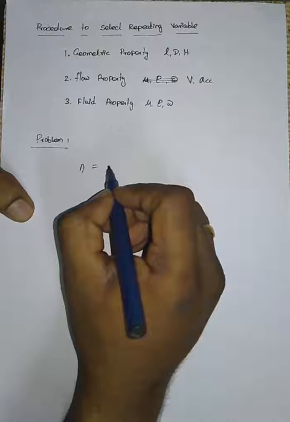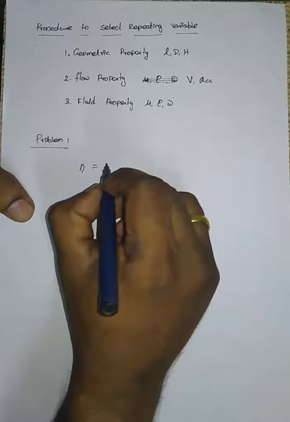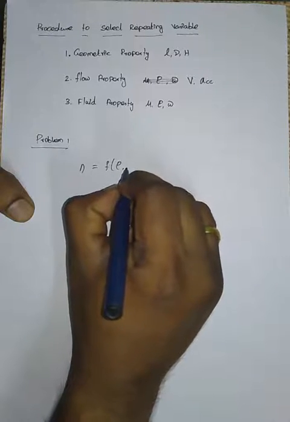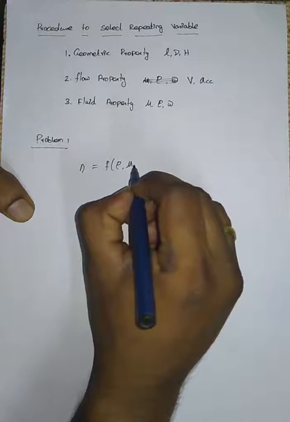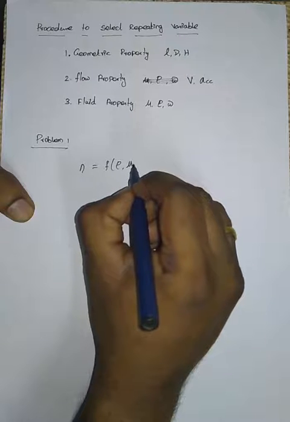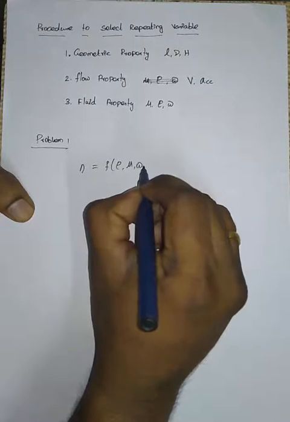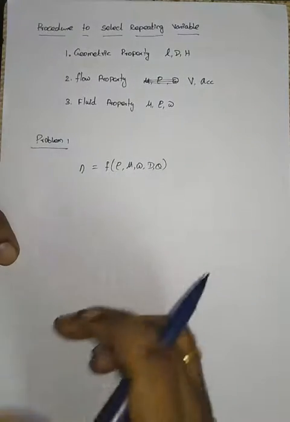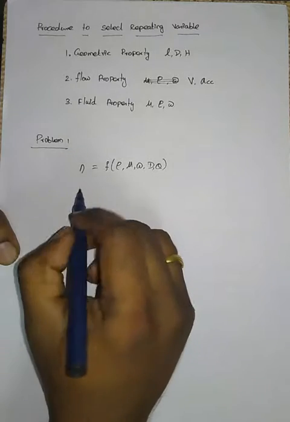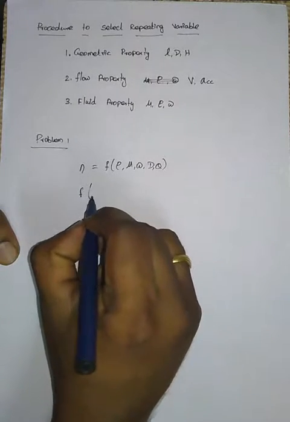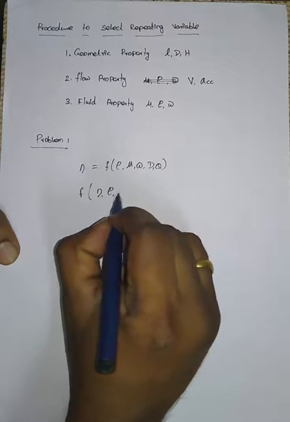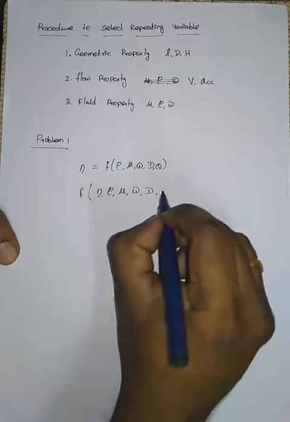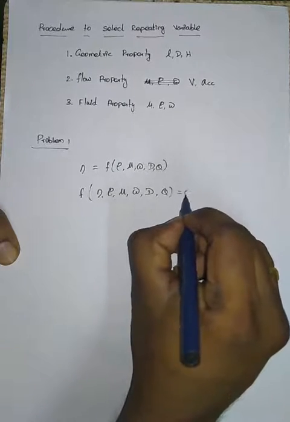The efficiency of a fan depends on number 1 density, number 2 viscosity, number 3 angular velocity omega, number 4 diameter, and discharge Q. Now, as per the procedure, you have to write the equation f of eta, density, viscosity, angular velocity, diameter, Q, which is equal to 0.